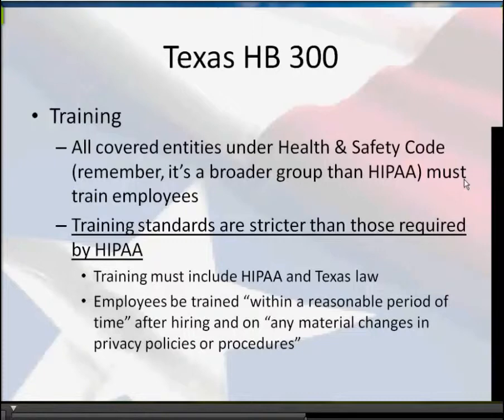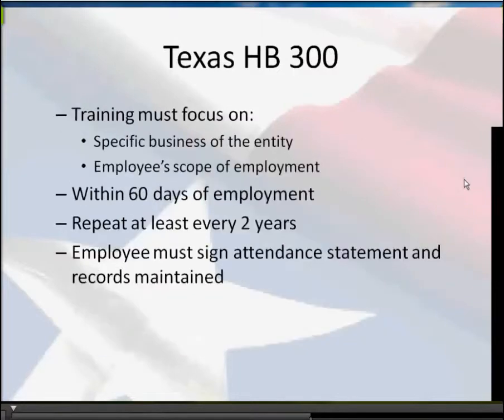Training standards are stricter than those required by HIPAA. Training must include HIPAA and the Texas laws, which we're covering right now. And under HIPAA, employees are trained within a reasonable period of time after hiring and on any material changes in privacy policies or procedures.